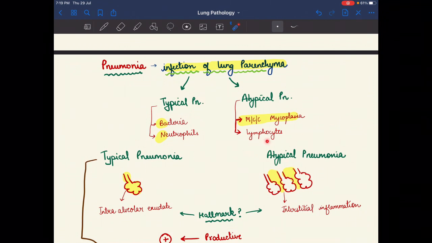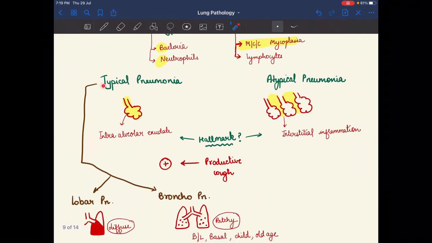So let's discuss some differences between typical and atypical pneumonia. We can remember that typical pneumonia is typical to the acinus, meaning it involves the respiratory bronchioles and the alveoli. So it is intra-alveolar exudate, meaning inside the alveoli, which is seen in typical pneumonia.